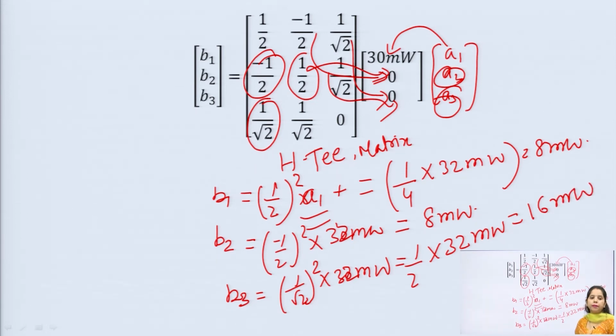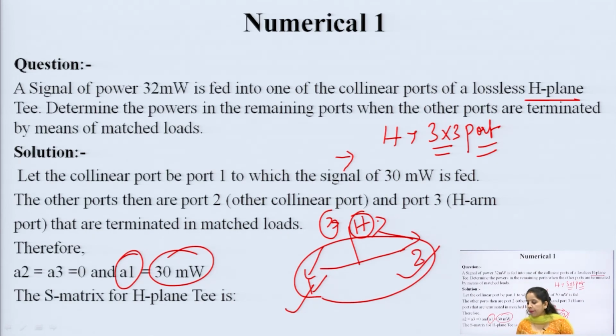This is the way we solve numericals related to the H plane T and the E plane T. For the E plane T and the magic T also this type of numerical comes. So, you should remember the matrix while solving these numericals. Here it is asked to determine the power in the remaining ports, that means we have to calculate the power in all the ports, because this is the incident.